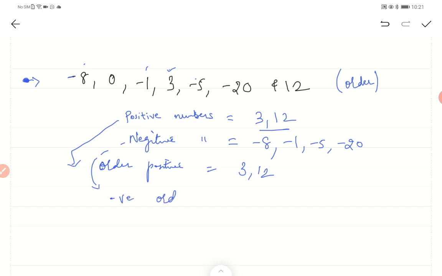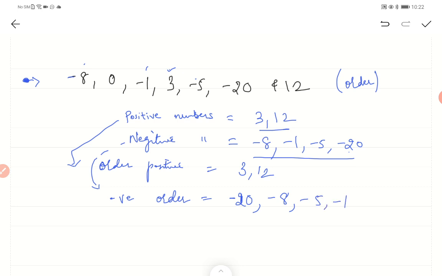Among these, which is the smallest number? Smallest will be -20, isn't it? -20, -8, -5, -1, right?